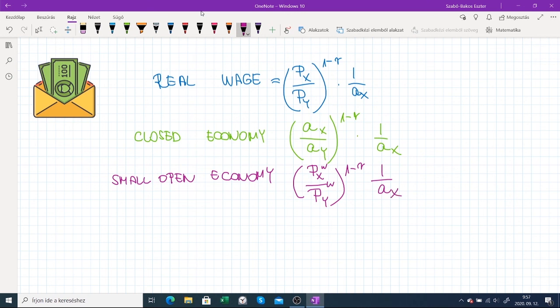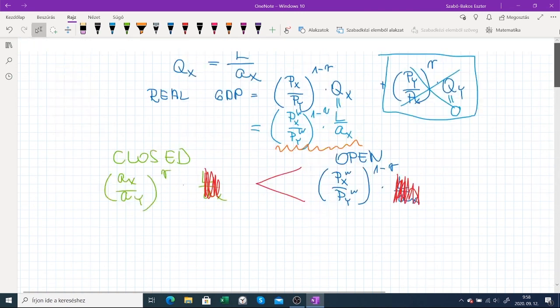Which one is greater? The small open economy's real wage is greater, since the Ax over Ay is smaller than the Px over Py. So who benefits from the free trade? Everyone in this economy benefits. Every single individual in this economy benefits from the free trade.